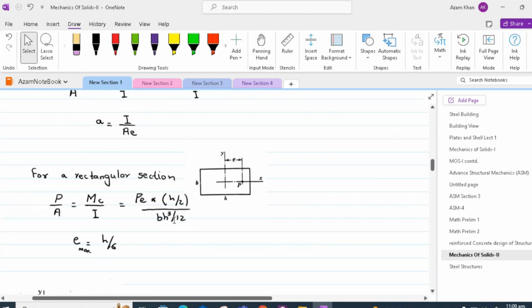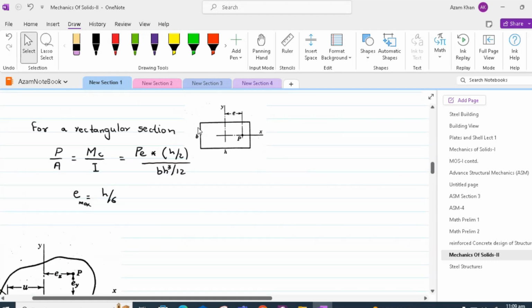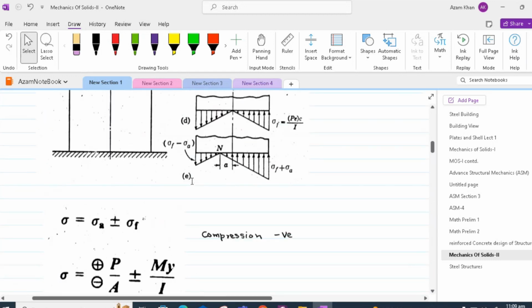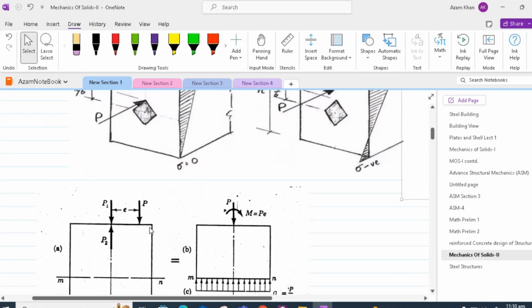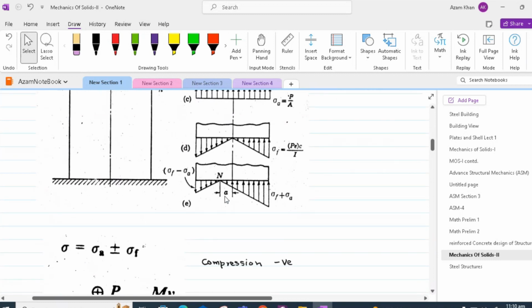Thus, for a rectangular cross-section having width b and height h with P applied at any eccentricity e, we can write P by A is equal to Mc over I is equal to Pe times h by 2 divided by b h cubed by 12. c is put as h by 2 because we are interested in that eccentricity e, which will at the most move a to the extreme end.